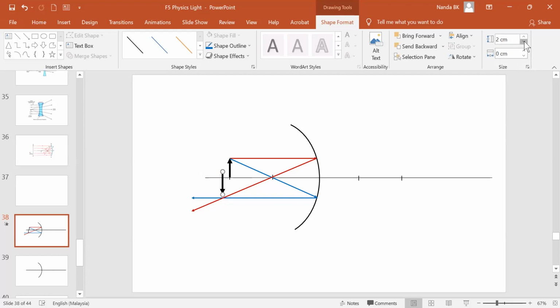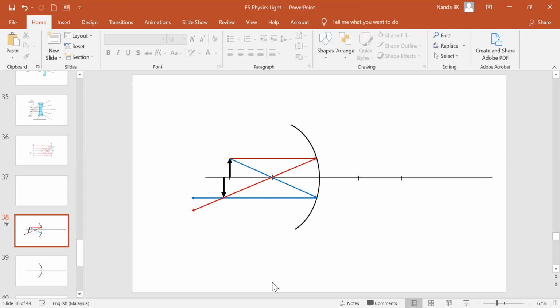I hope you're okay. Are you following me? This is how it's going to look like. So this is the object. The head of the object goes here, down. Same here, blue line, the head of the object goes down. Head is formed.